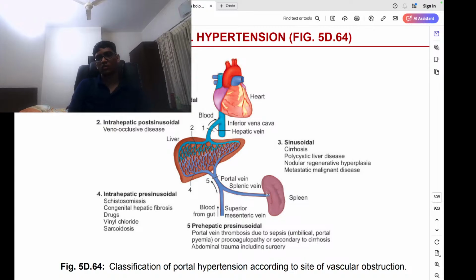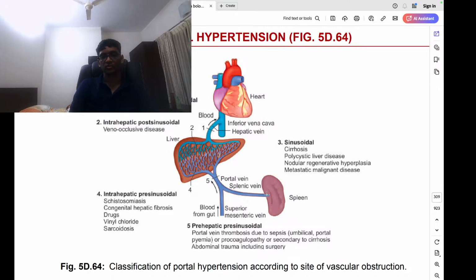Causes of portal hypertension: post-hepatic, then intrahepatic post-sinusoidal, such as veno-occlusive disease. Sinusoidal causes are cirrhosis, polycystic liver disease, nodular regenerative hyperplasia, and metastatic malignant disease.